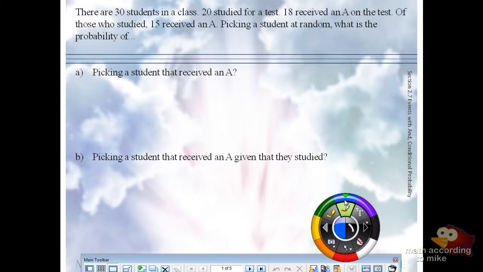So the numerator would represent the number of students that received an A, 18. The denominator would represent the number of students total, 30. Now we could reduce that, we're not going to.